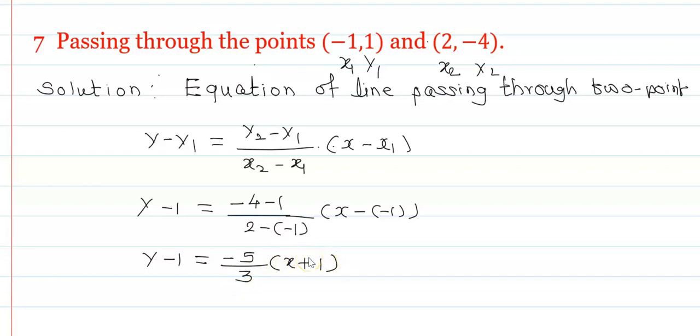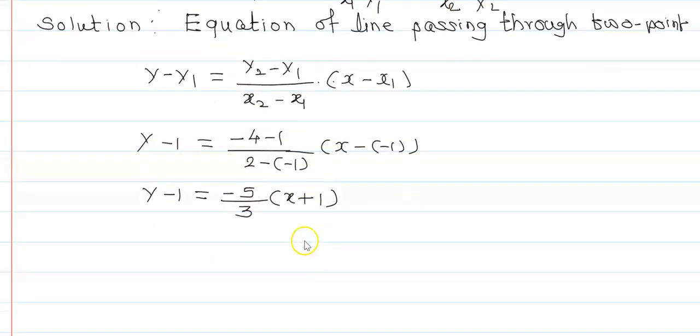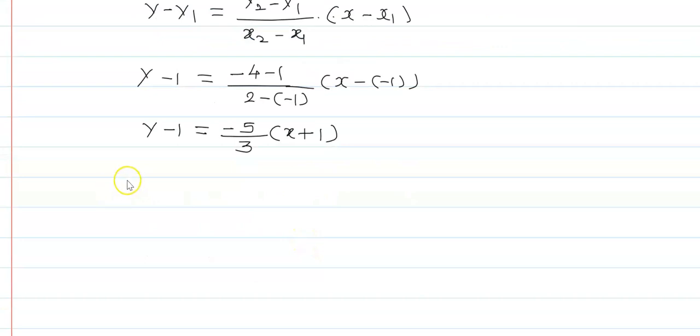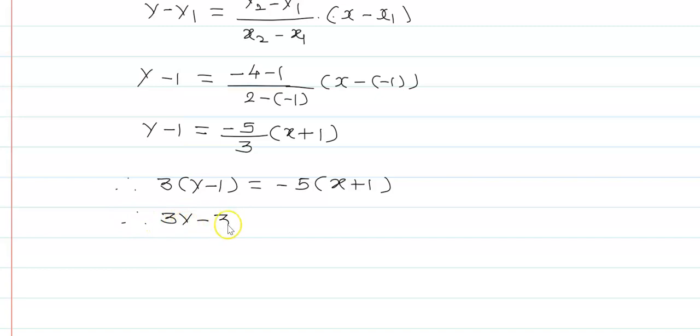Again the simplification: 3 in bracket y minus 1 equals minus 5 in bracket x plus 1. Therefore it is 3y minus 3 equals minus 5x minus 5.